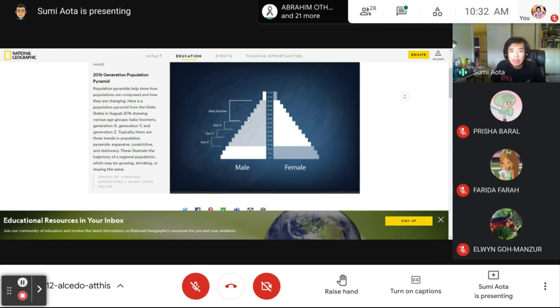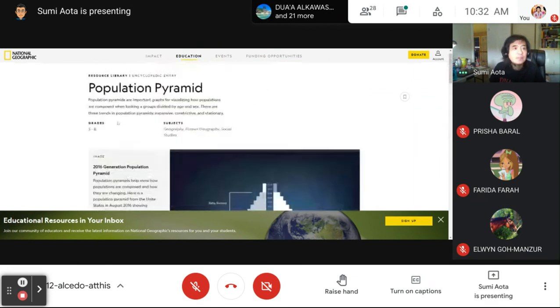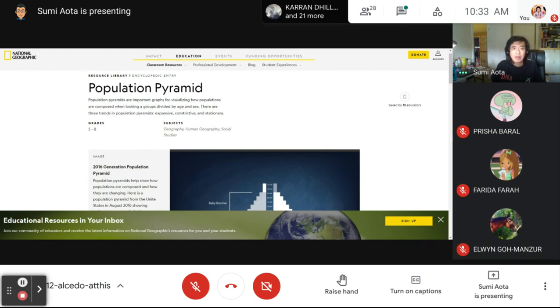Boomers are here, Gen X, Gen Y, Gen Z. And then I don't know what name they have given to under 14s. What's the generation after Z, in that chart?